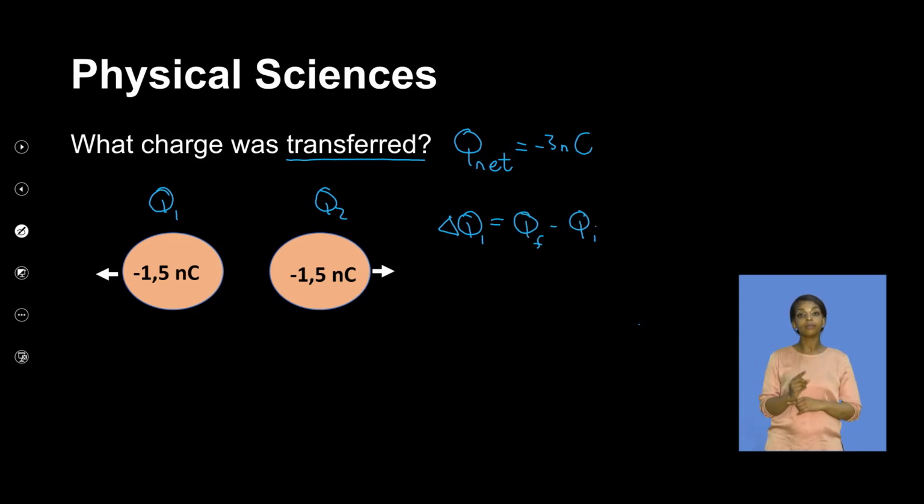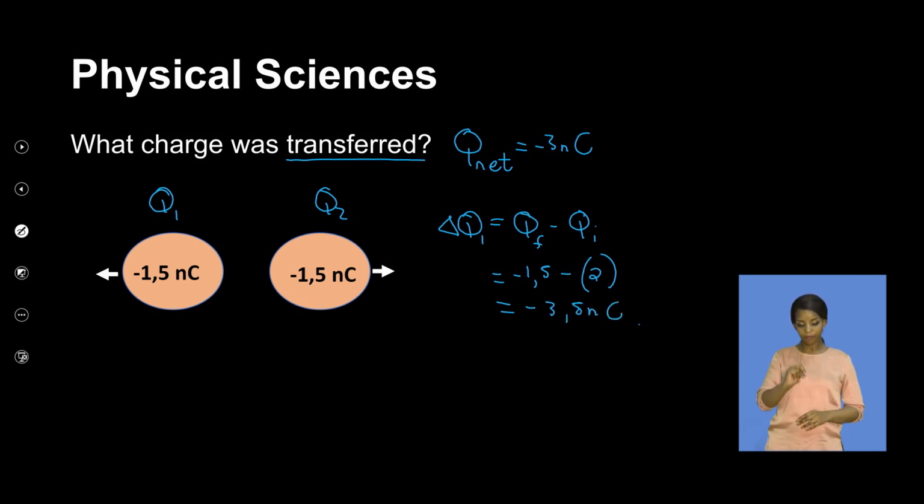So the final charge is actually the new charge. If we consider Q1, that is negative 1.5 nanocoulombs minus the initial one, which was positive 2 nanocoulombs. This gives us negative 3.5 nanocoulombs.